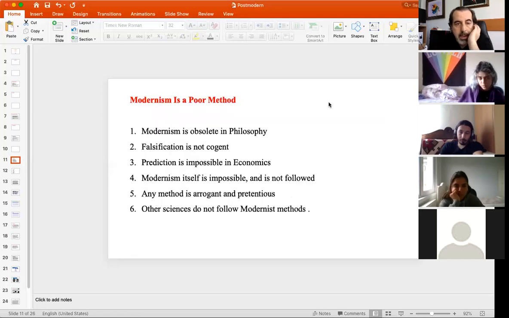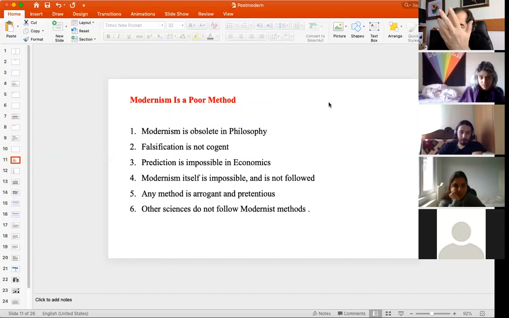So she says basically, modernism is a poor method. It's obsolete in philosophy, the criticism of postmodernity basically. Falsification is not cogent, okay. Prediction is impossible in economics, okay. Modernism itself is impossible and is not followed, not okay. Any method is arrogant and pretentious, sounds like Feyerabend.